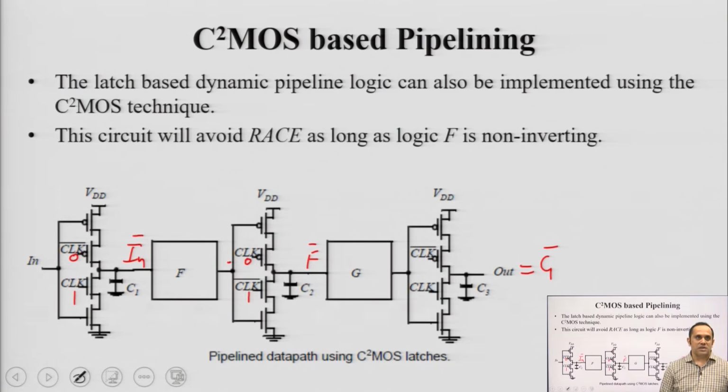We are trying to implement some kind of a circuit arrangement where this advantage of pipelining in sequential circuits can be exploited. We have seen the advantages of pipeline circuit, now we are seeing the implementation. One way of implementation is a latch based circuit, another is a C2MOS based pipeline circuit, which basically tries to avoid the race problem in a latch based circuit.